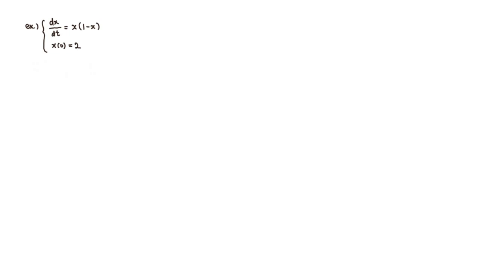Since this is a separable equation, I'm going to divide through by x(1 − x). So you're going to get 1 over x(1 − x) times dx/dt, and that is equal to just 1 here.